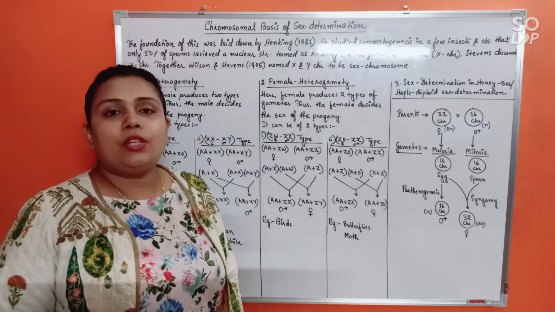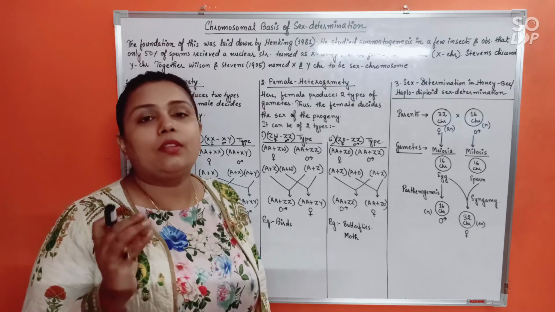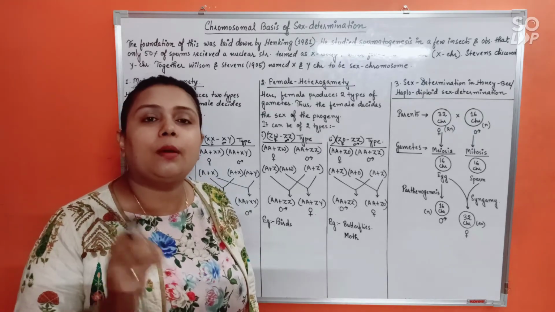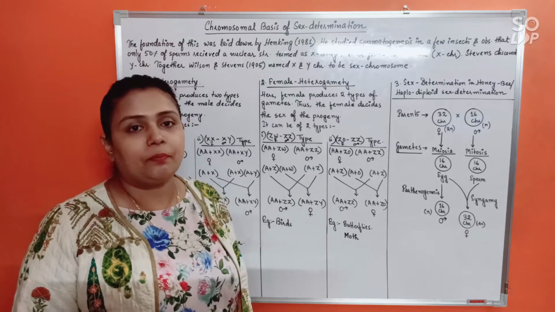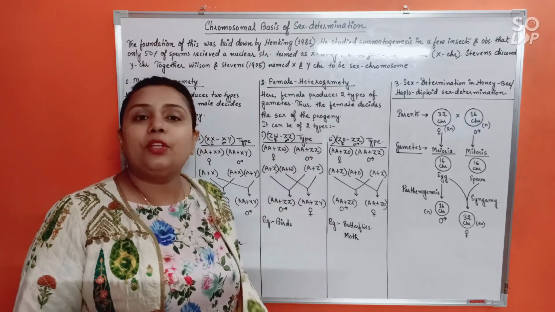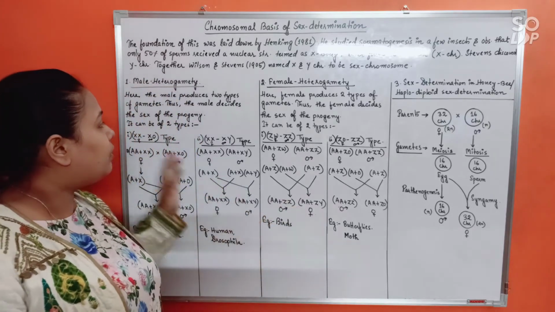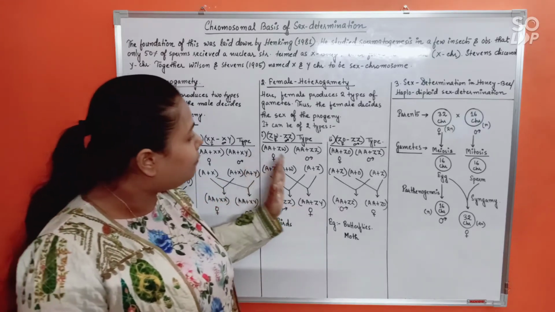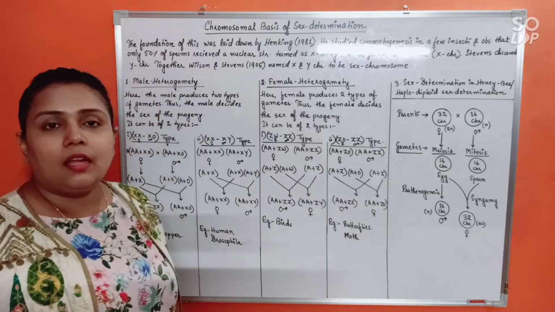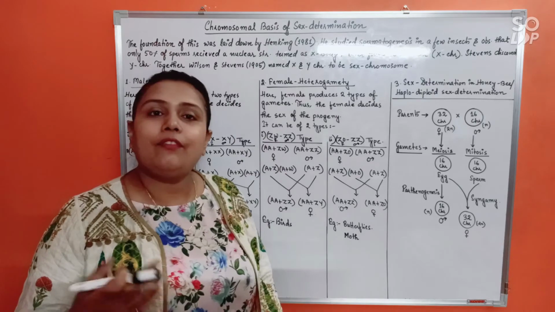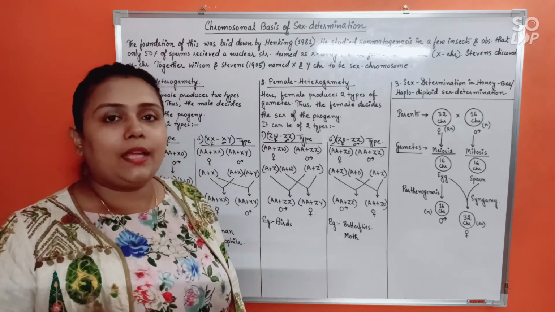Now before we go into discussion, I would want to make one thing very clear to you, that there is nothing called Z chromosome or W chromosome that exists in nature. This is simply a terminology taken so that we can easily differentiate between male heterogamety process and female heterogamety process. Suppose if here also instead of Z and W, we would have used the term X and Y itself.